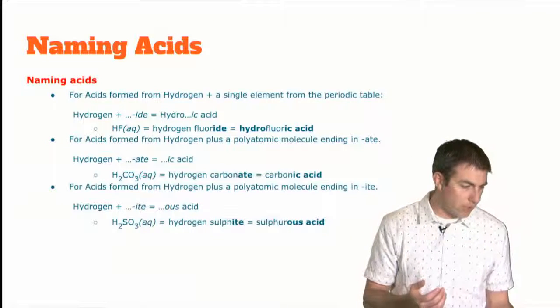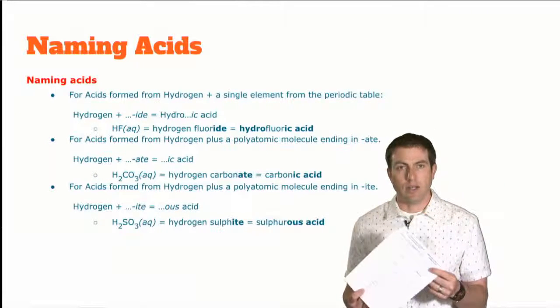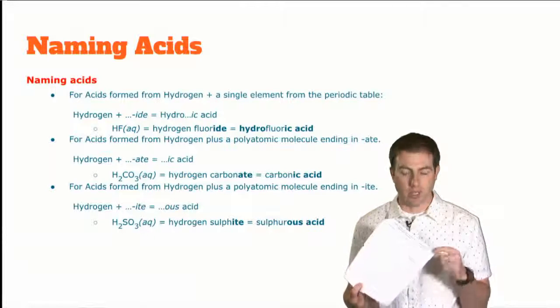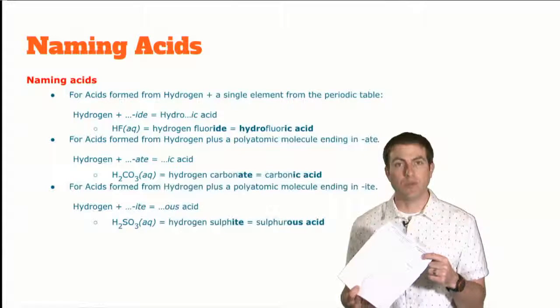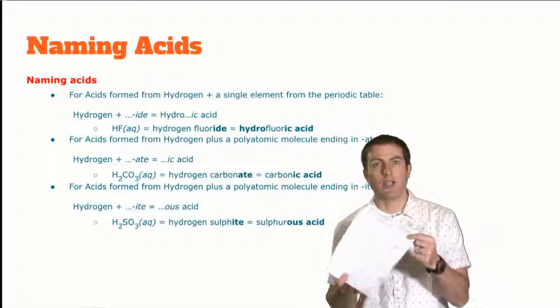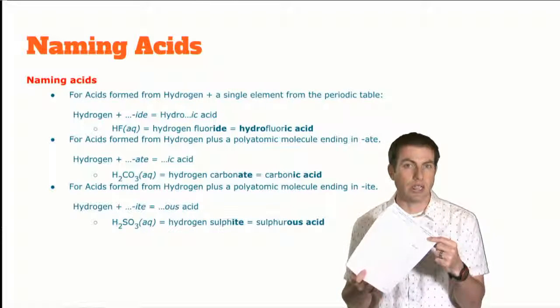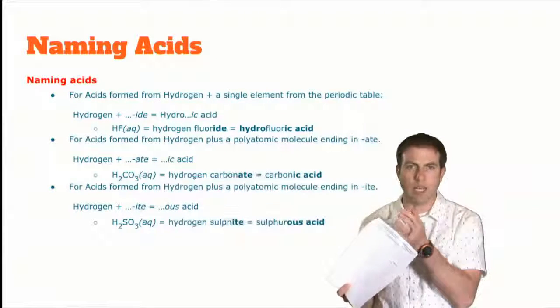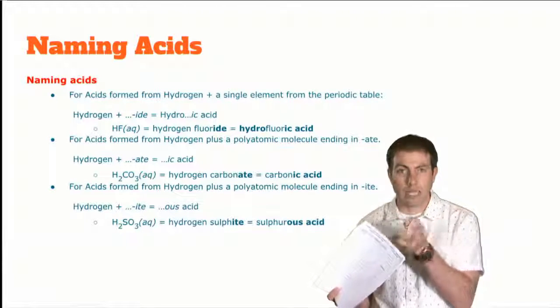And one really easy way to remember that is on page 5 of your data booklet, HCl is there, hydrochloric acid's there. So if you forget the naming rules, there's an example of it right on your data booklet. So you don't really need to remember it, you just need to remember to look here and say, oh yeah, if it's an H and a Cl, hydrochloride changes to chloric acid.